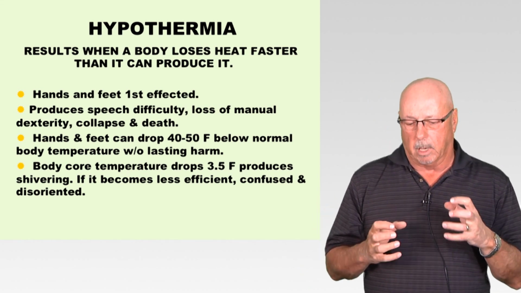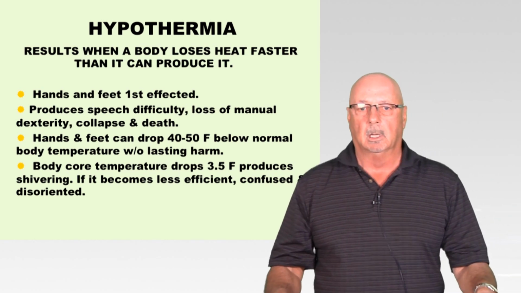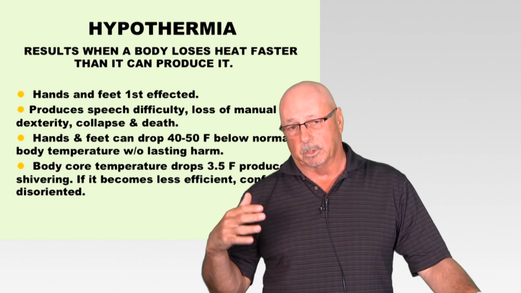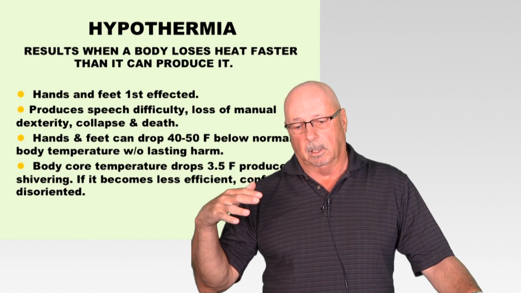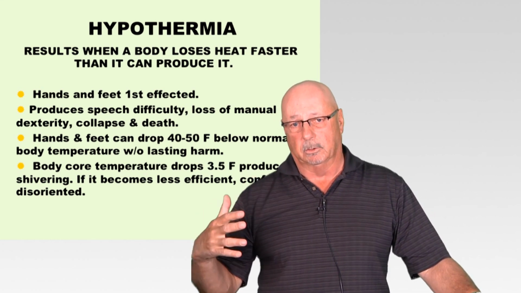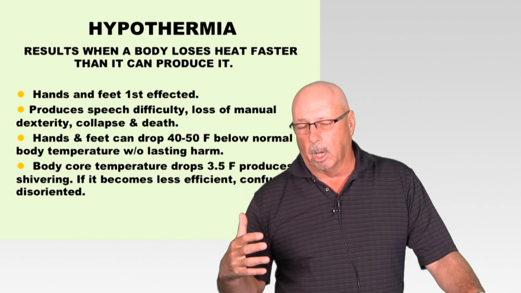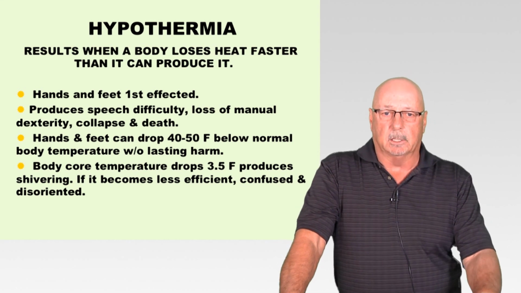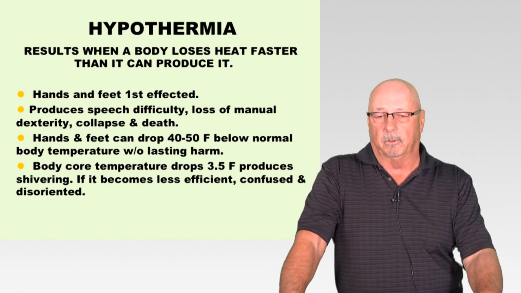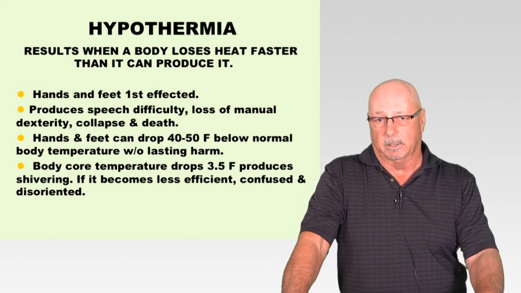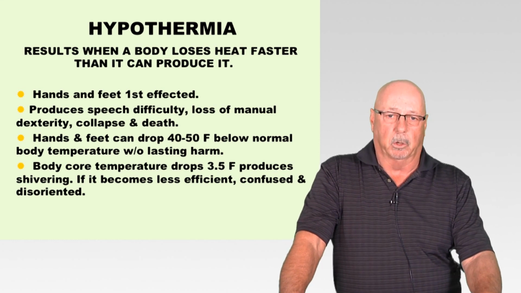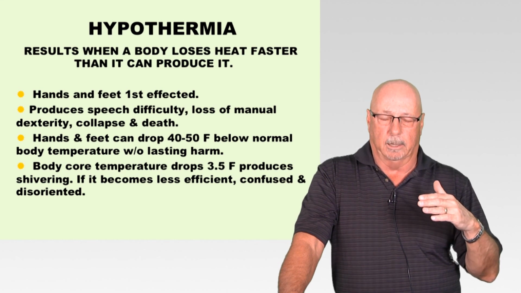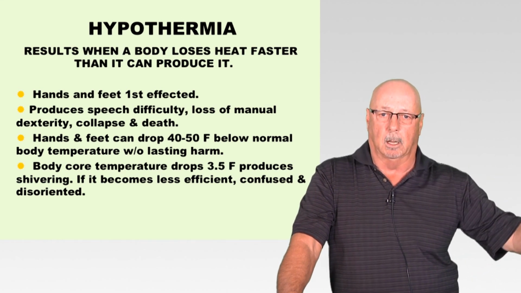It'll be hard to perform tasks, for example, with your hands. Eventually you can just collapse or go into somewhat of a coma, go to sleep, and eventually die. Now your hands and feet can drop 40 to 50 degrees below the normal body temperature and not experience any long-lasting effect or harm, as long as that doesn't occur for long periods of time.